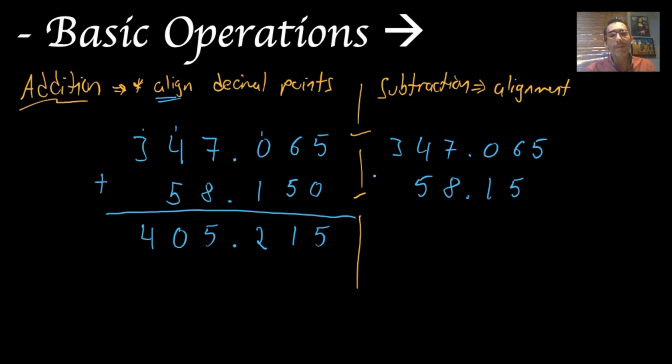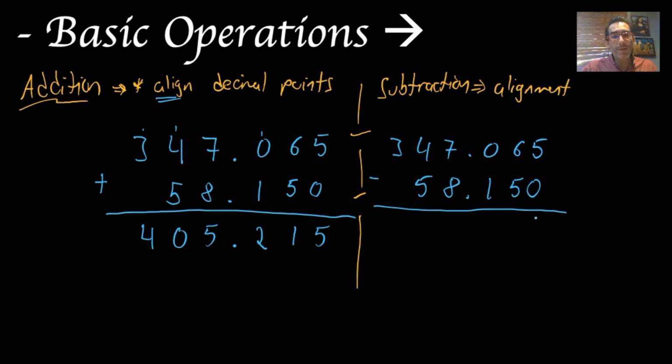We will do exactly the same. Now we want to subtract. Whenever we have this space, remember that we can fill it in with a 0 and nothing changes. 58.15 is the same thing as 58.150. It's exactly the same. And we start subtracting.